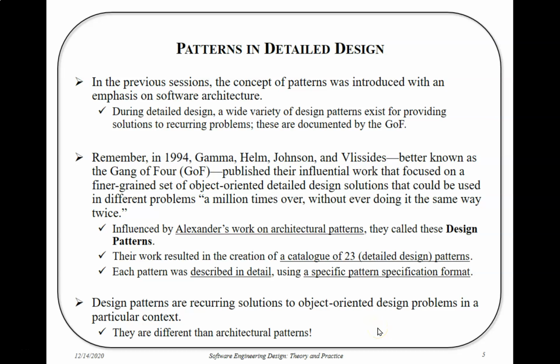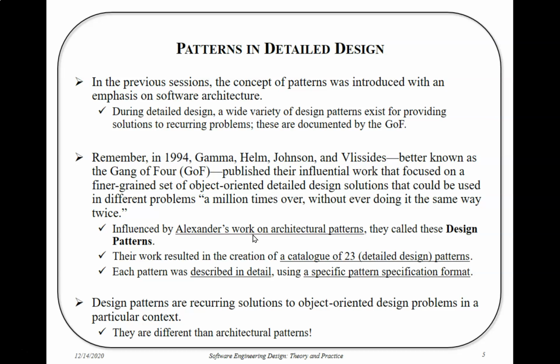The design patterns that we're going to discuss in this chapter, or in this course, are taken from Gamma, Helm, Johnson, and Vlissides, better known as the Gang of Four. That's the catalog of 23 detailed design patterns. Their work was inspired by Christopher Alexander's work on architectural patterns for buildings.